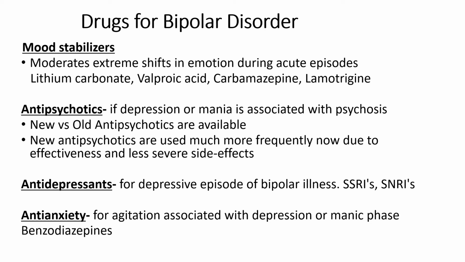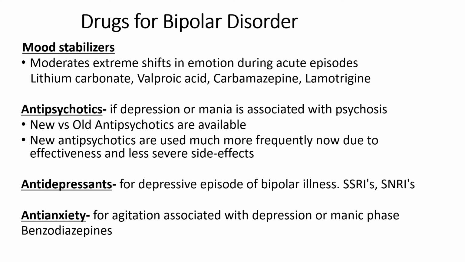Antidepressants. Well, we spoke about the fact that SSRIs, such as fluoxetine, paroxetine, those are selective serotonin reuptake inhibitors, and serotonin-norepinephrine reuptake inhibitors such as venlafaxine, they're used in depression and also in the depressive phase of bipolar illness.